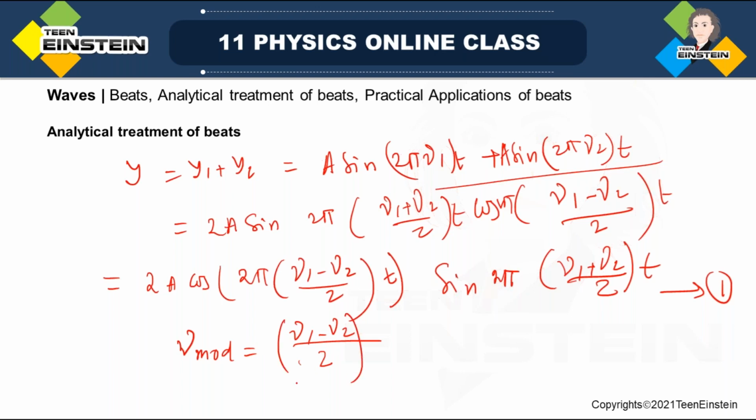Let us name this term as nu mode, where nu means frequency, denoted by frequency, and this term, nu1 plus nu2 over 2, let us say average. So mode and average we have got.